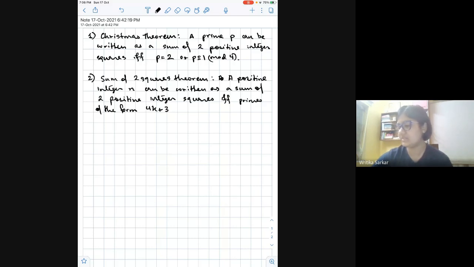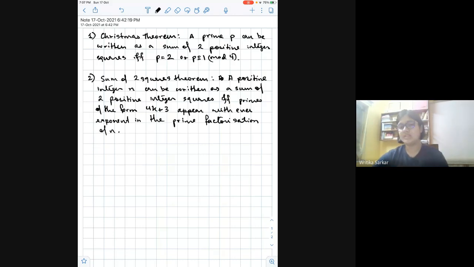If and only if primes of the form 4k plus 3, that is primes which are 3 modulo 4, appear with even exponent in the prime factorization of n, right?